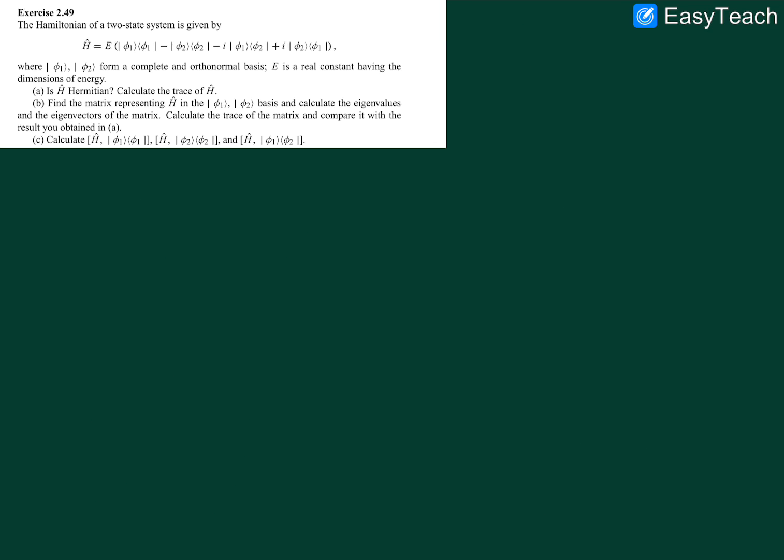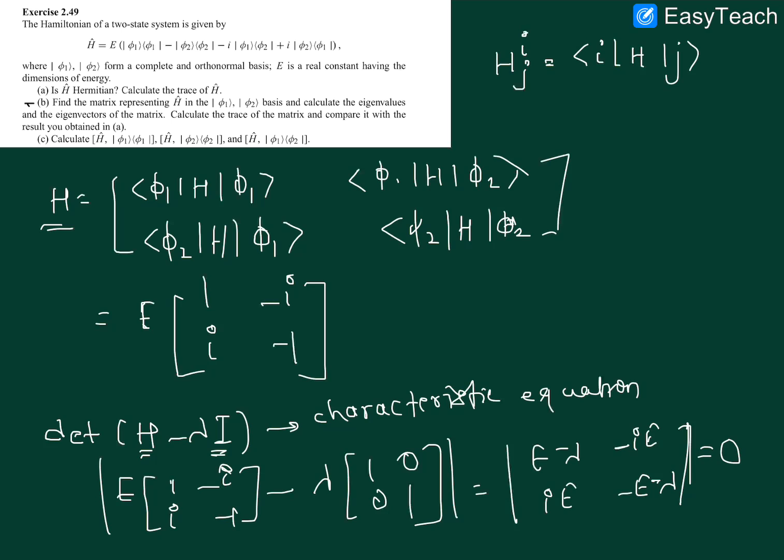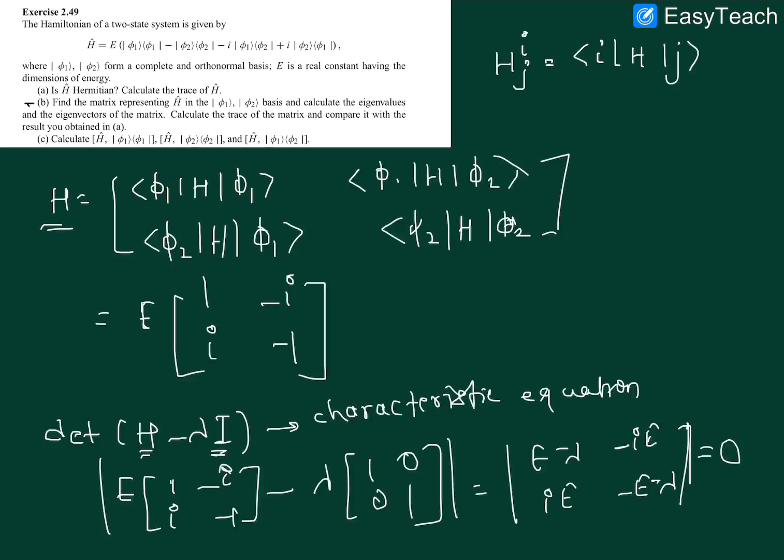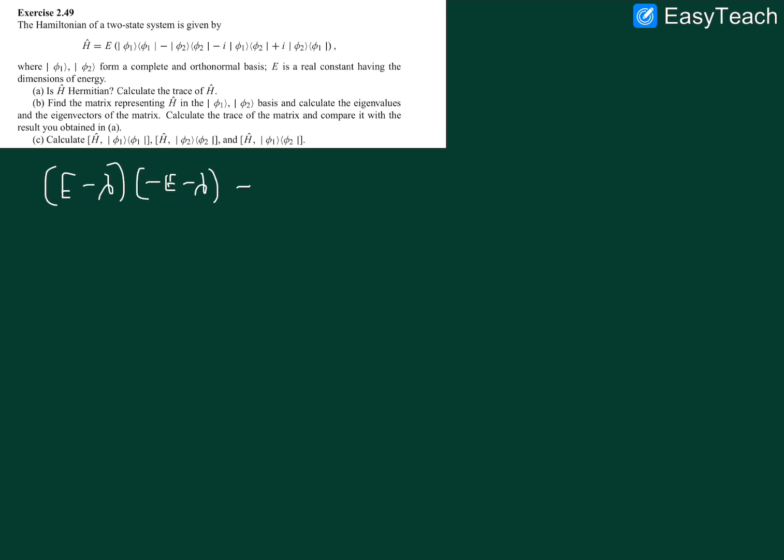So we are having (E minus lambda) times (minus E minus lambda), minus iE times iE, equals 0. This one will get cancelled.